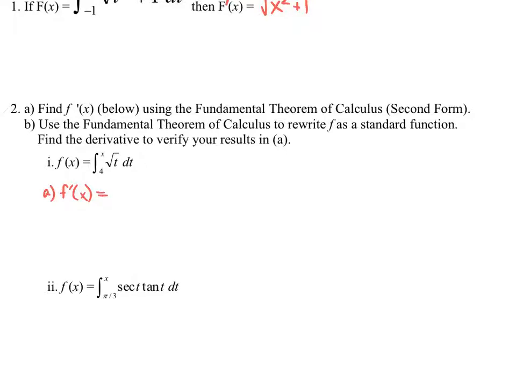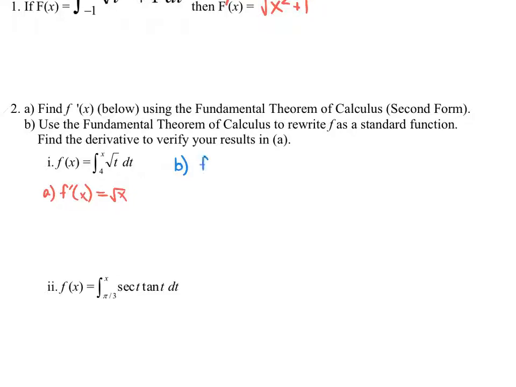Square root of x. That's nice and simple. Part B, let's do it the long way. We're going to do the integration and then take the derivative to find f prime of x.